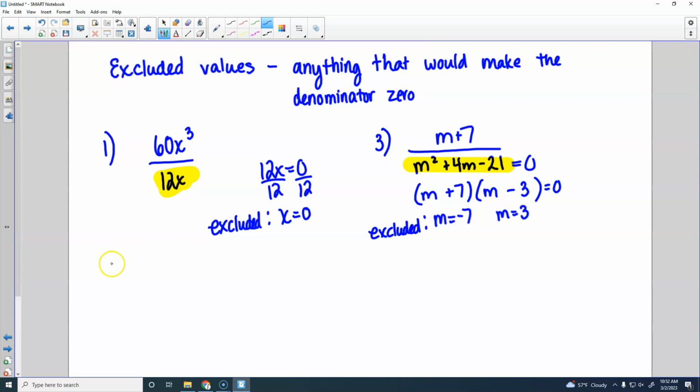Okay, and let's do number 5, and then we'll move on to simplifying. So for 5, we've got 35x minus 35 over 25x minus 40. So again, just looking at the denominator, we need to know where that equals 0.